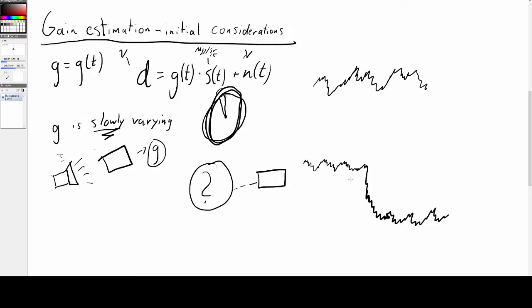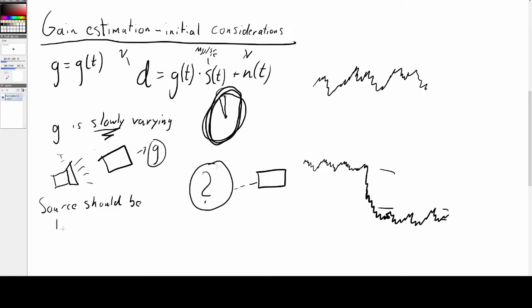This doesn't look like a normal noise jump unless we know something specific about the noise. So if we see this and we know that the signal is basically the same, then this must be due to a change in the gain. And the signature here is basically that the fluctuation is a lot bigger than a typical noise fluctuation.